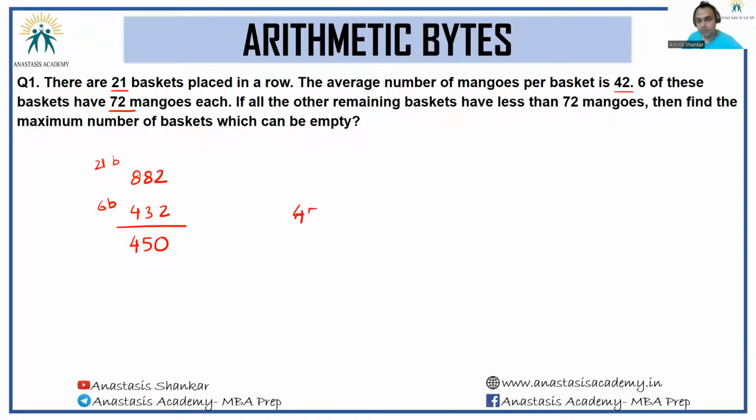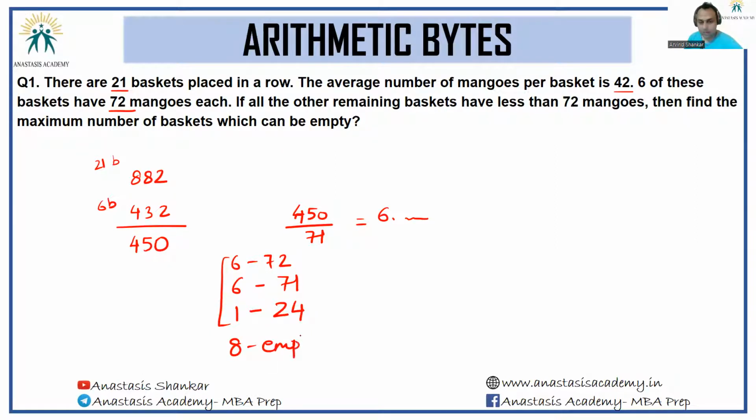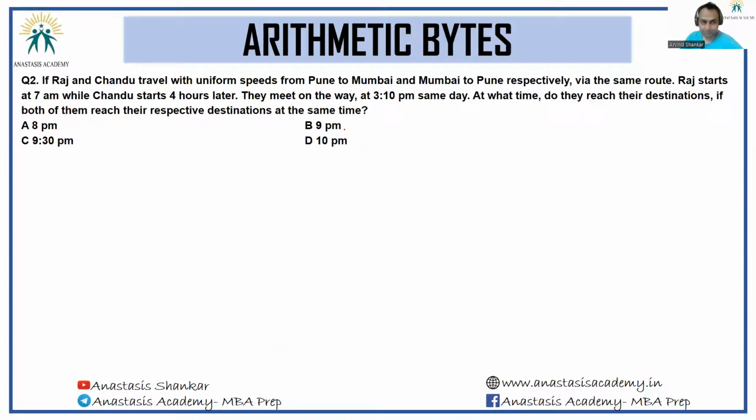So 450 divided by 71 will be 6 point something, which means I will have 6 baskets with 71, 6 baskets originally with 72, 1 basket with 24, and then the remaining 13 baskets are used up and the remaining 8 baskets can be empty. My target was to maximize the number of baskets that can be empty.